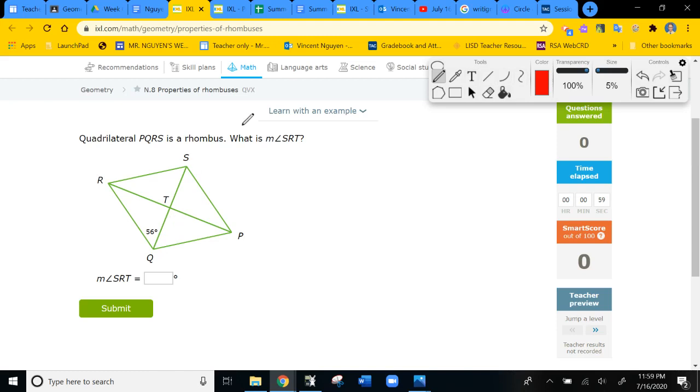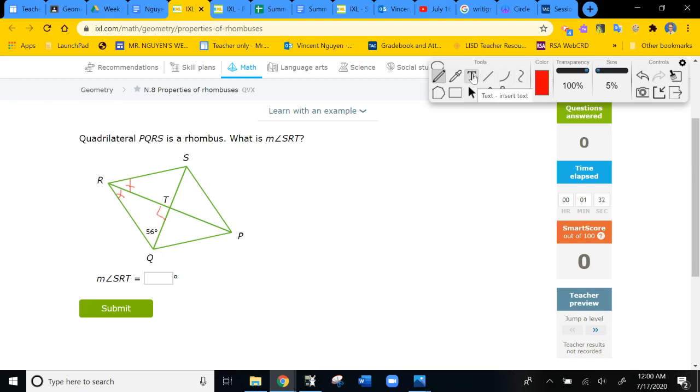So here we go. We're looking for angle SRT. So we're looking for this angle right here. Well, we know the whole angle R is being bisected by this diagonal, so this angle is the same over here on the other side, right? If we can find this one angle, we can find that one. Well, we can easily find this one because this one is a 90 right here, right?